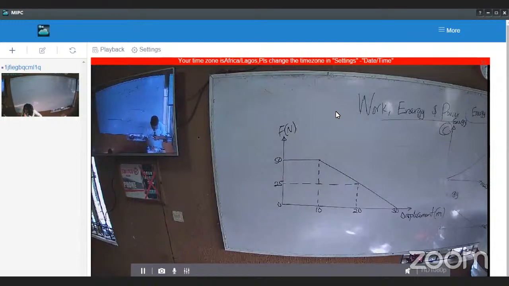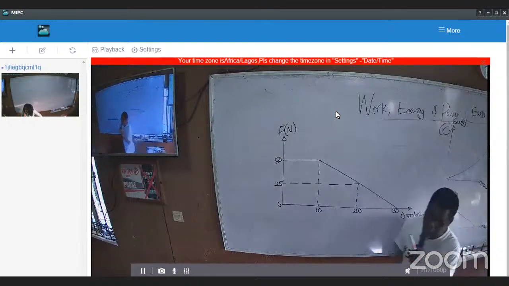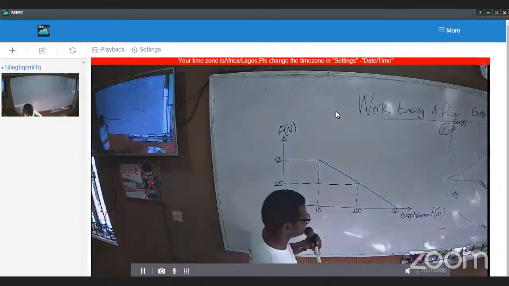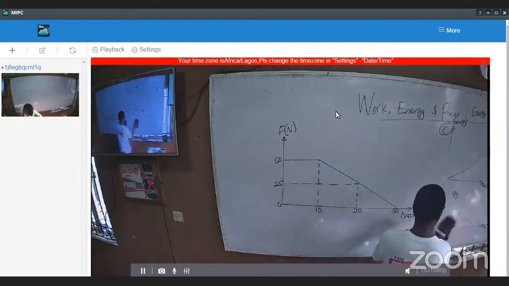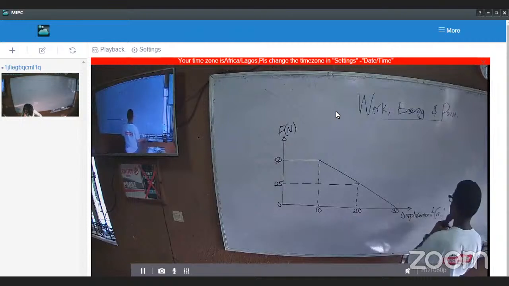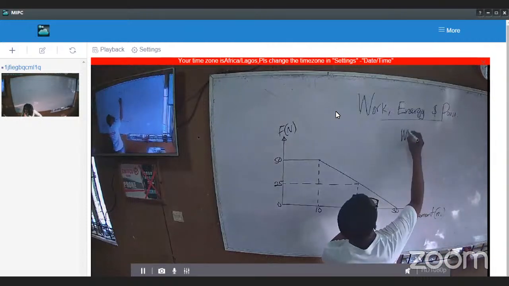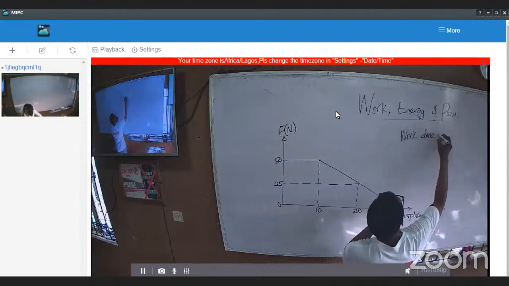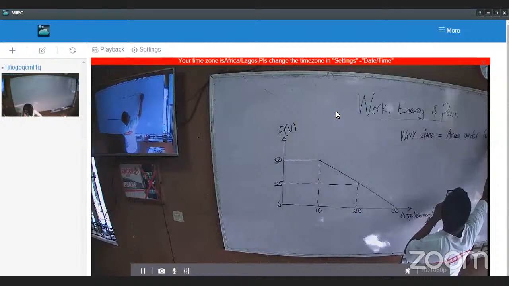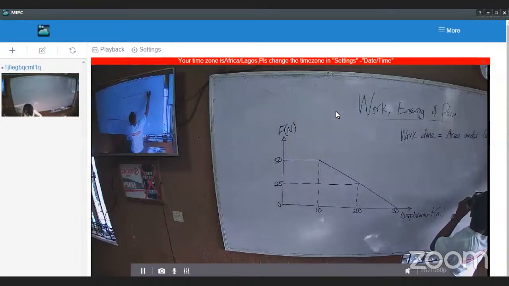So the question says during the first 20 meters of motion. If we go back to your notes, we said that work done is the area under the force-distance graph.